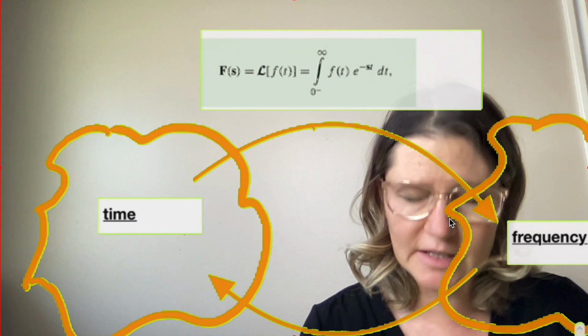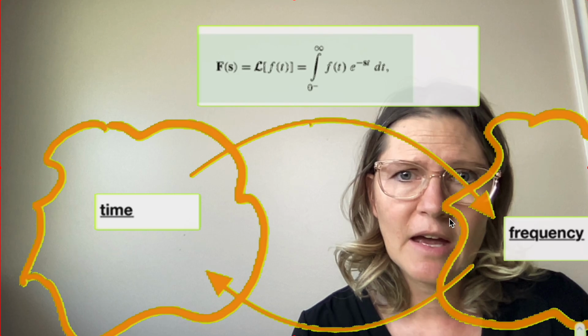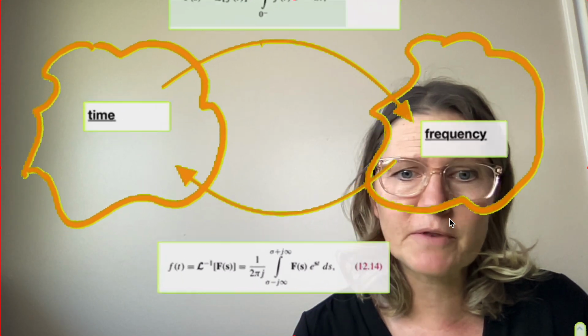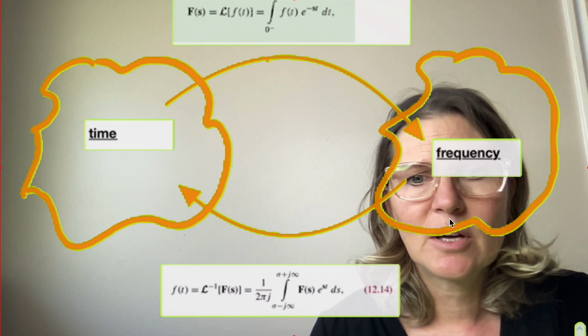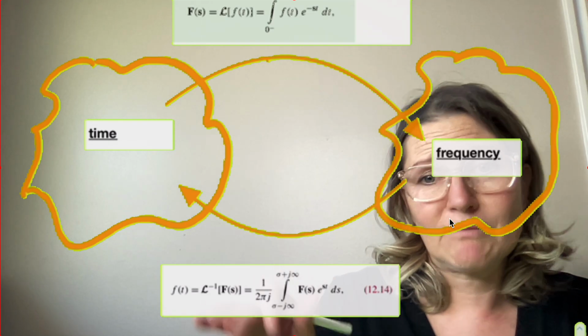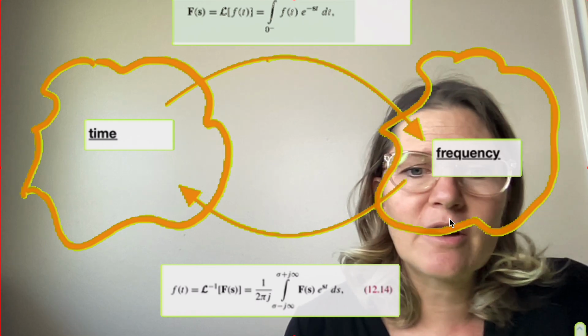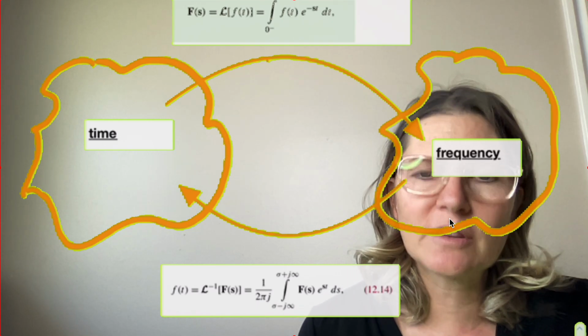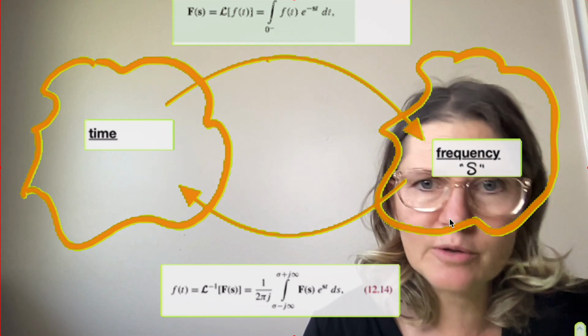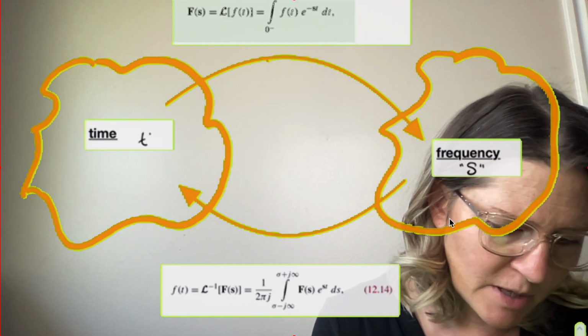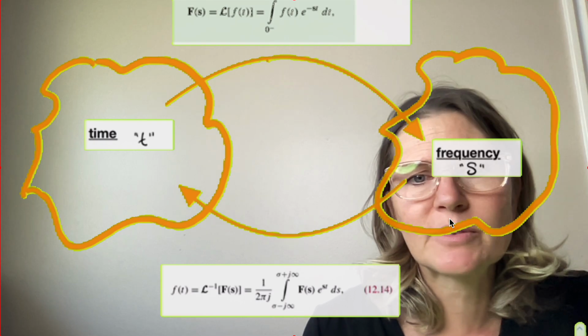And that will change us into the frequency domain. And then going from the frequency domain back, we do an inverse Laplace, which is the curly L inverse of F of s. And so when we're in the frequency domain, everything is in s terms, and in time, everything is in t terms.